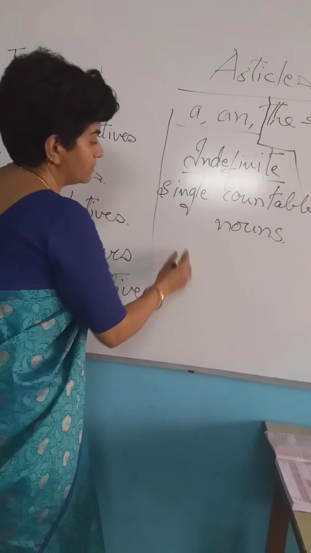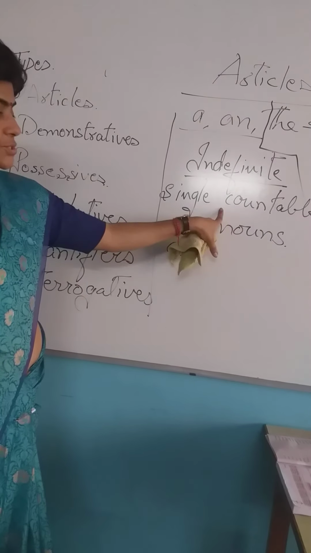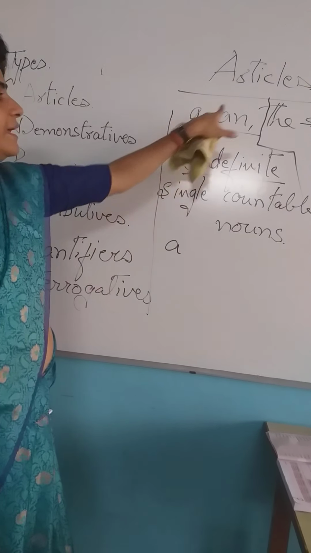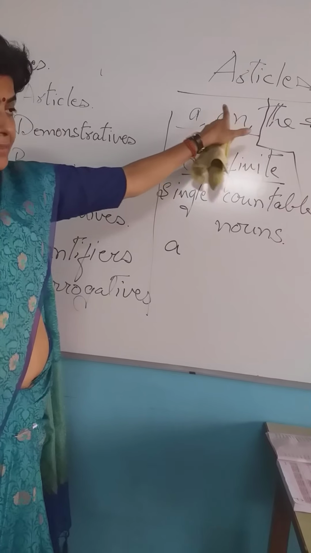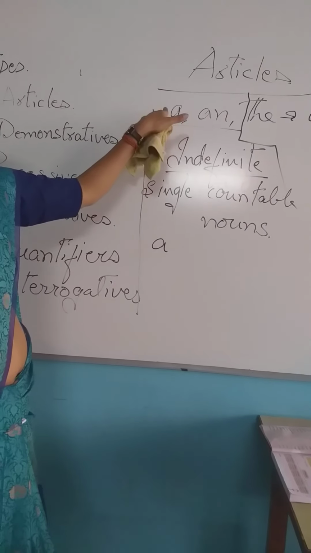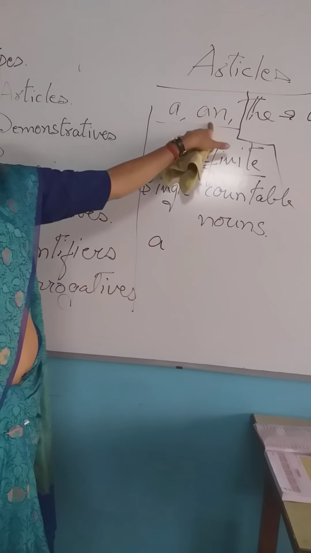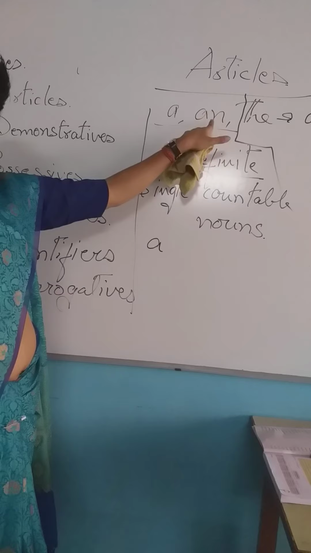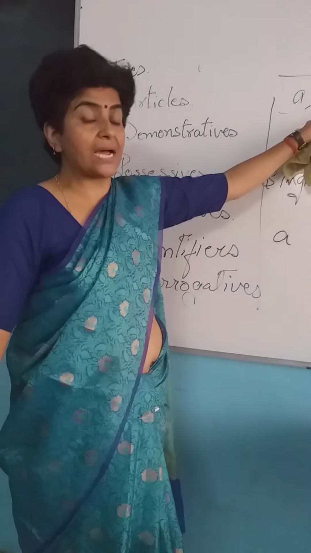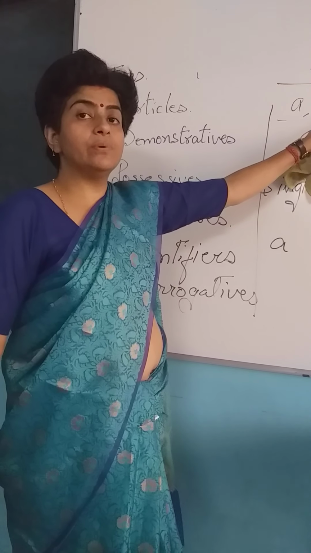Okay, I'll talk about a as an article. As I said, a is used with a single countable noun. Then how are a and an different? They are different because a is used with consonant sounds, while an is used with vowels, with succeeding words which initiate with vowels or vowel sounds.